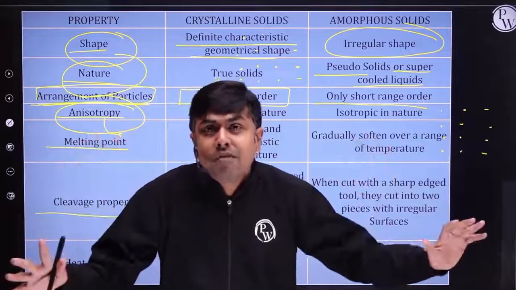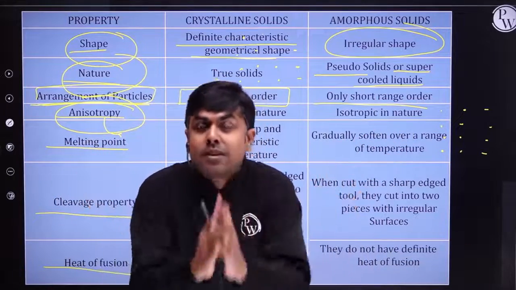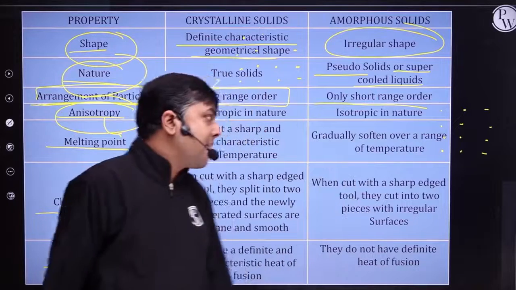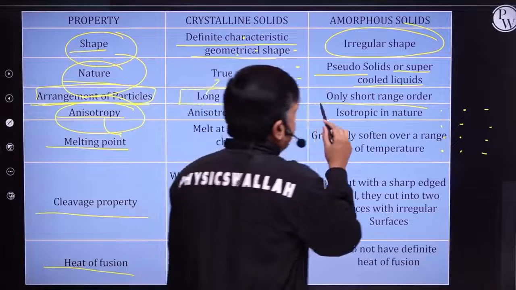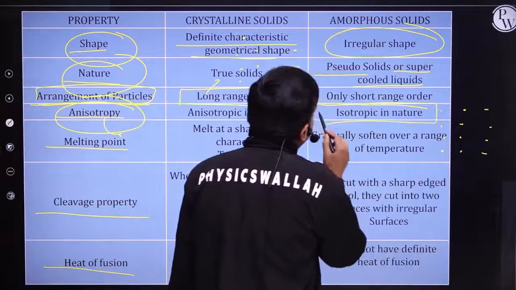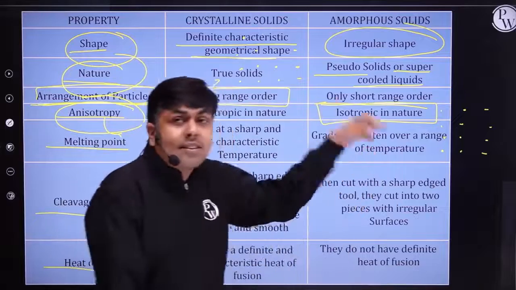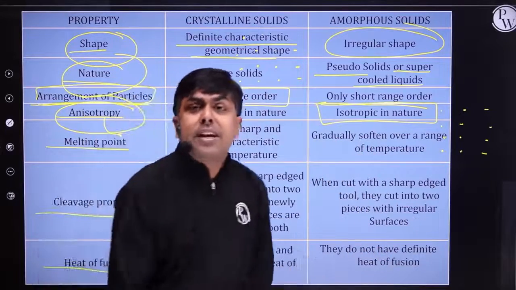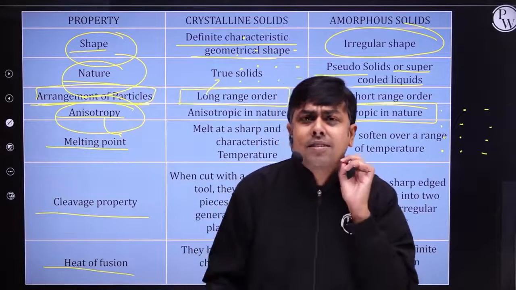So there are certain physical properties which are the same in all directions. Students, amorphous solids are referred to as isotropic solids. They are isotropic in nature, which means certain physical properties are the same in all directions, whether it's electrical conductivity, refractive index, or viscosity.